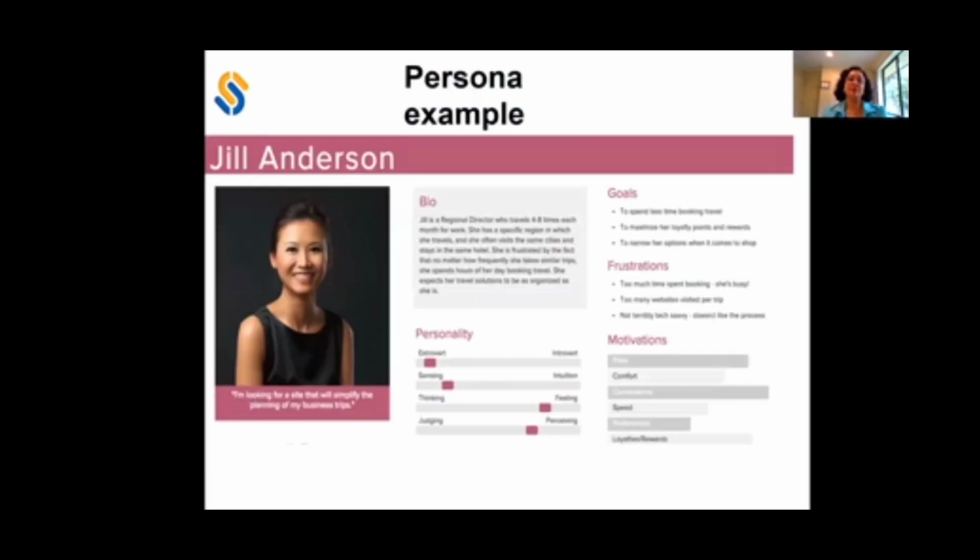So here's an example of a persona. So you usually have a picture of the person, just a typical person. You give the person a name, just to make it as real as possible because it's representing a real consumer. And then you have a brief description about the person, their personality, their values, what they think, what they perceive, what their goals are, what are the tasks they want to achieve, what are their frustrations.